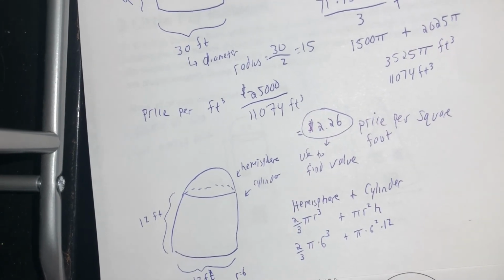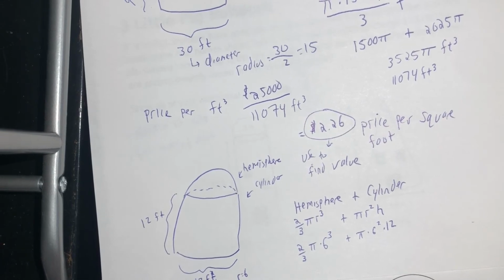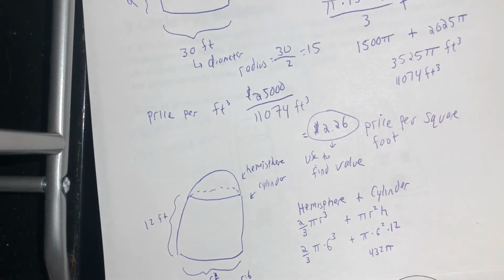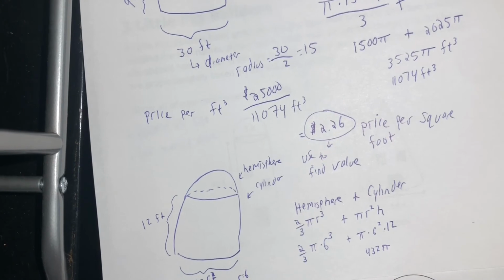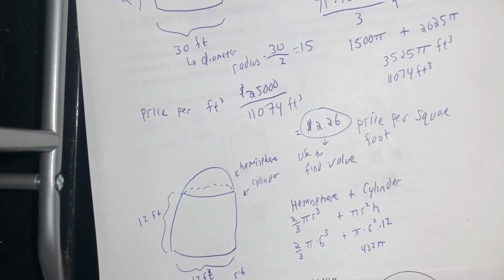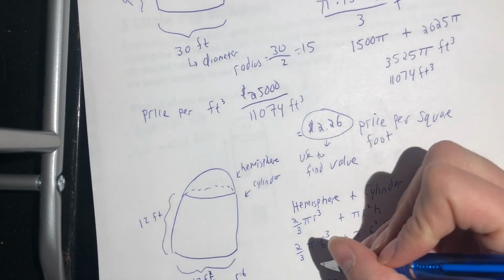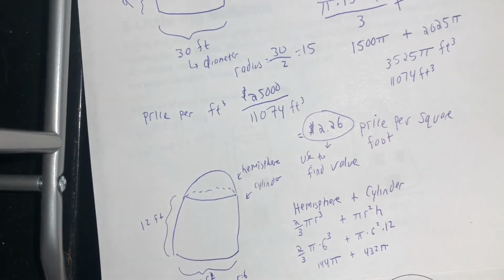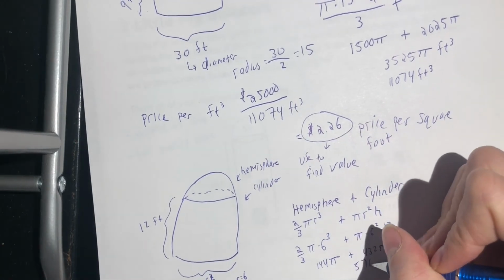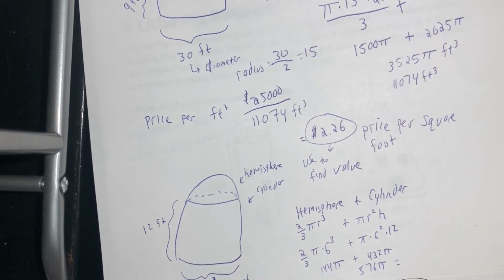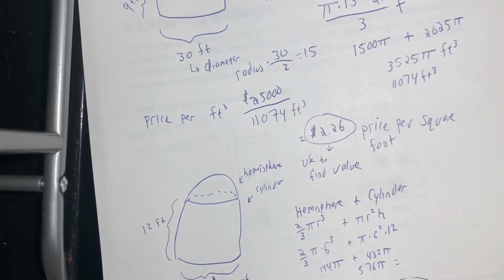All right, so we got 36 times 12 is 432 pi. And then over here I got 6 cubed is 216. Divide that by 3 is 72, times 2 is 144 pi. So I've got 576 pi, which is something around 1800 or something.